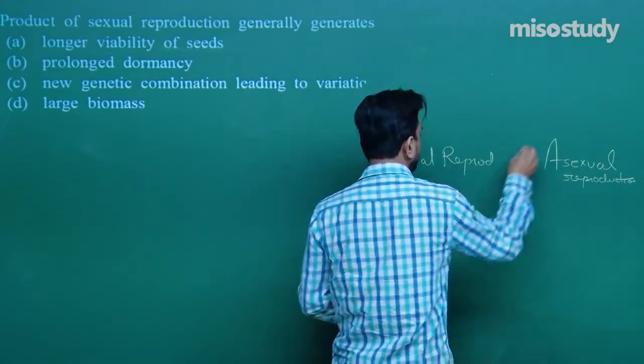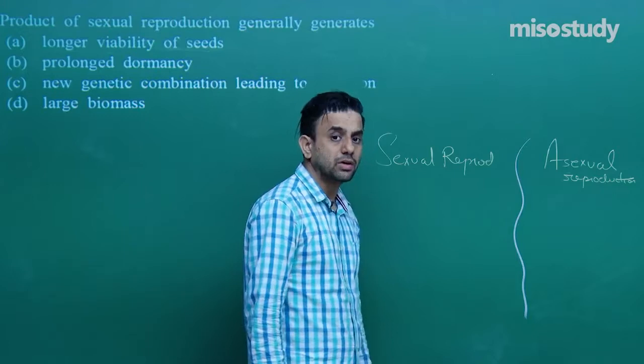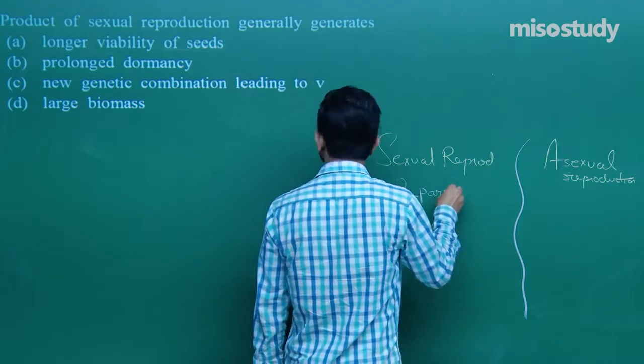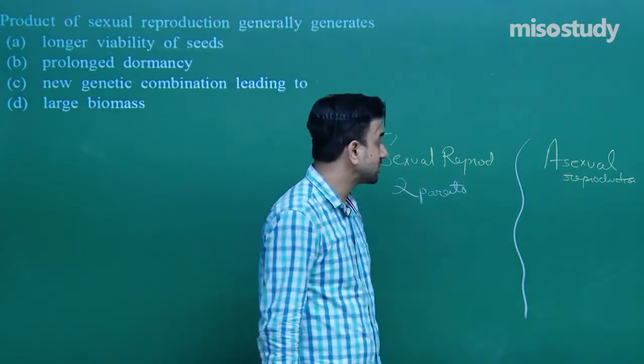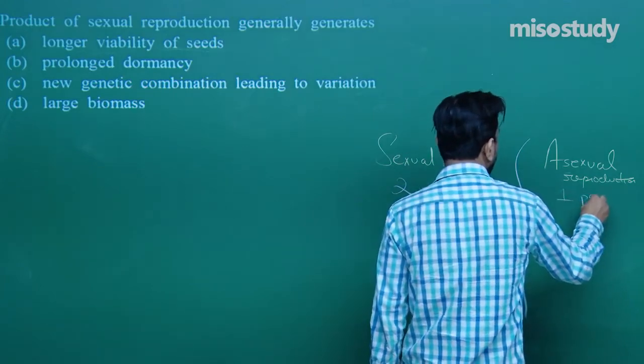Sexual reproduction involves two parents, however asexual reproduction involves only one parent.